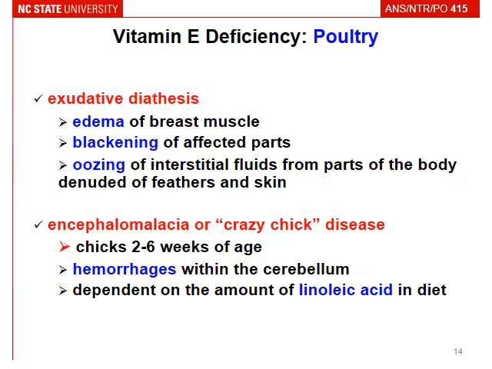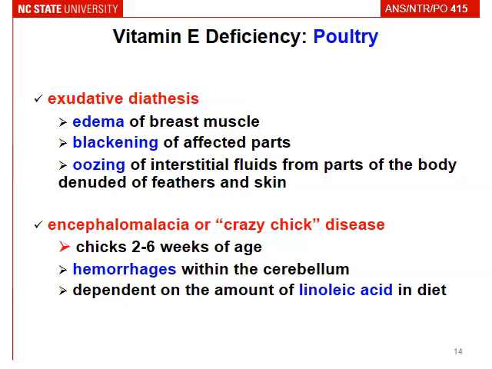And in addition, you can also get encephalomalacia, which is also referred to as crazy chick disease or cherry brain. You can usually detect this in chicks between 2 and 6 weeks of age, and basically they are acting crazy because they have hemorrhages within the cerebellum.